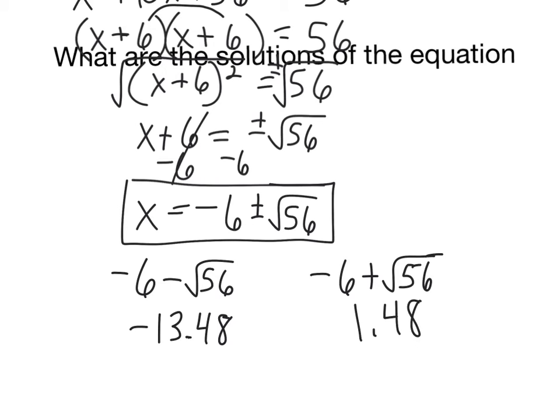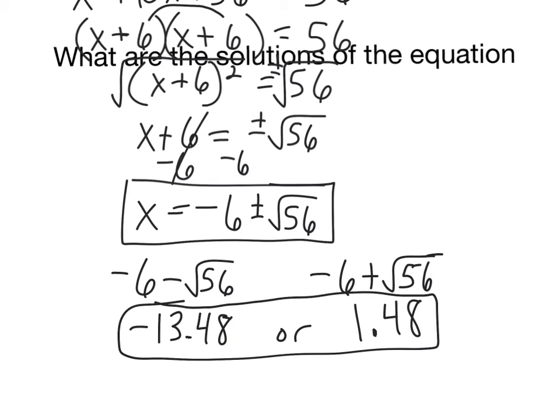And that comes out as 1 and 48 hundredths. So these would be our two approximate answers, and then again, this was our exact answer for what would make that equal to 0.